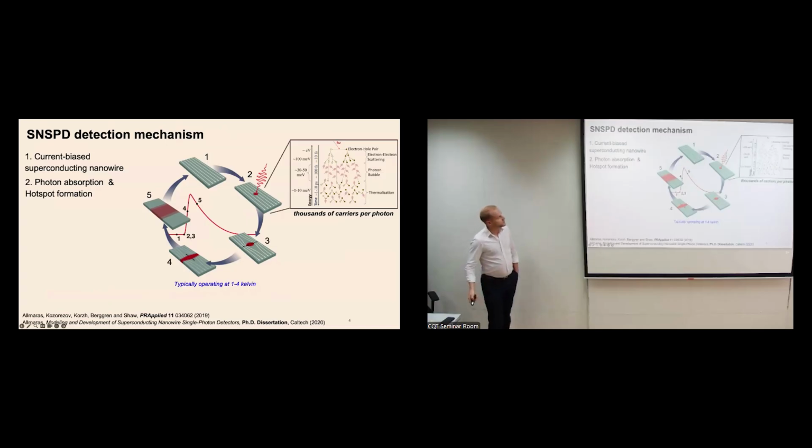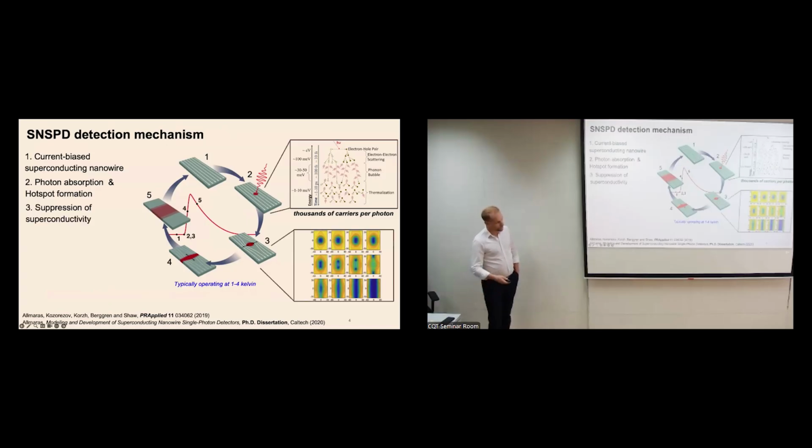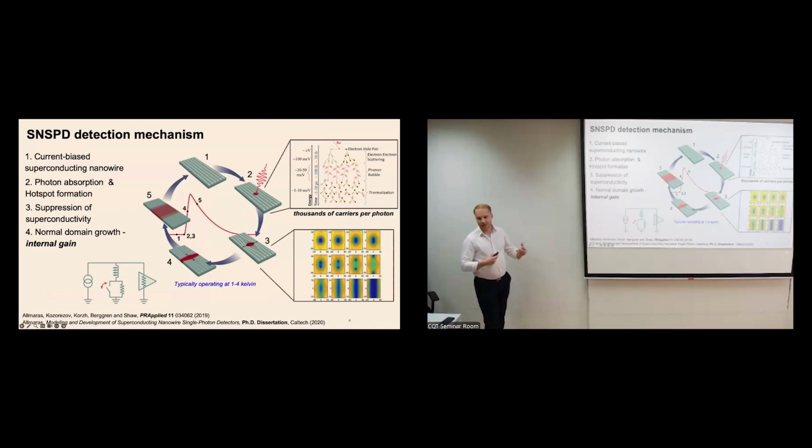The next step is an ongoing topic of research. There are some vortices that get involved and start propagating across the nanowire, heating the device. This is a second step of amplification. Then once you break the superconductivity across the wire, you get a hot spot which expands lengthways, and this is what makes it a digital detector.